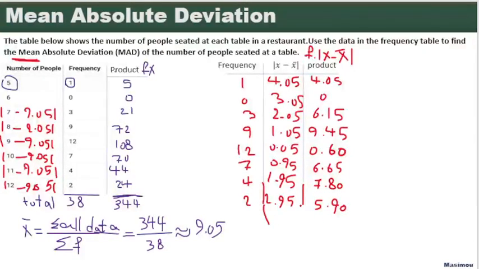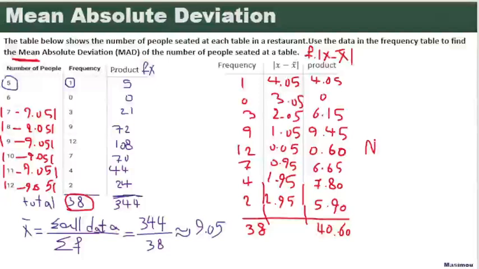Now I have to find the total of the frequency. The total here would be 38, which I have from the previous table. And now if I add all this data up, the answer would be 40.60.